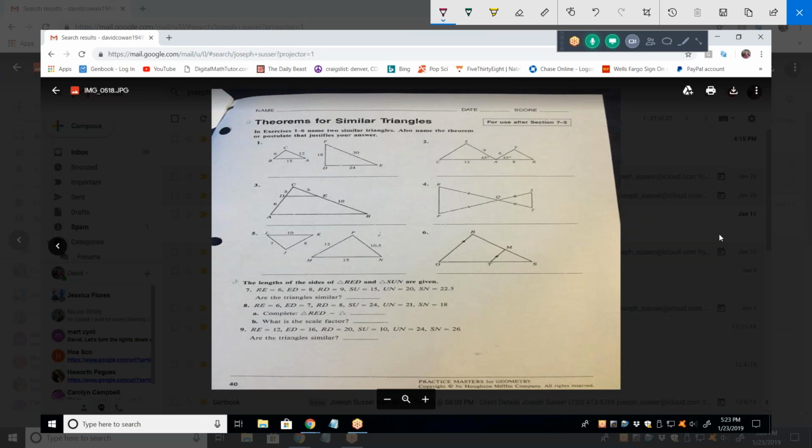You got triangle ASC and ATR that are similar. Why? Because of the sides, and then the 45-degree angle, and then I guess another side. So I think it's side, angle, side.